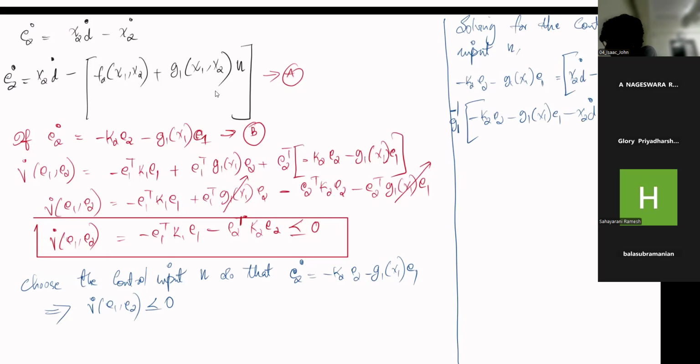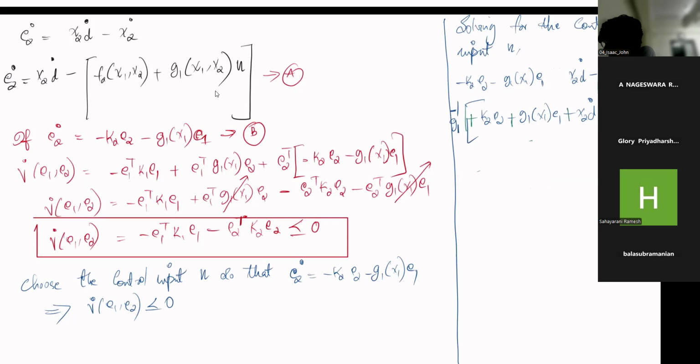Or if I write it a bit more neatly, the control input U would be G1 of X1 inverse. Have I made any mistakes? Yeah, the big minus sign should be somewhere around here. So everything becomes positive. The signs have to be flipped now. This would be a positive sign. This would also be positive.